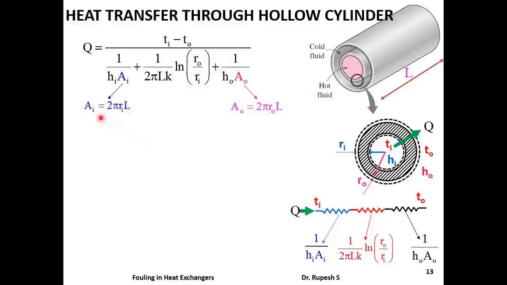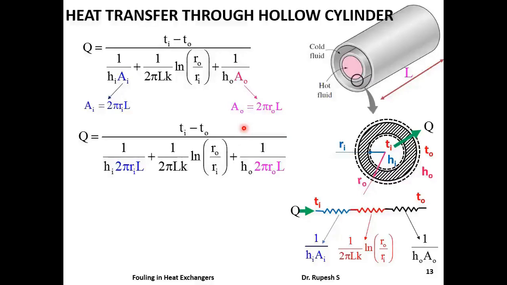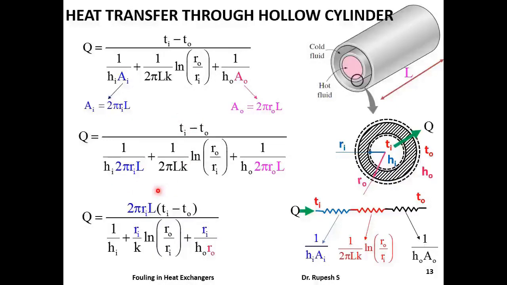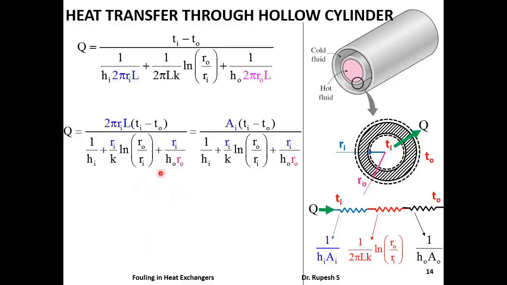Substituting the values of Ai and Ao in the equation, we will get this expression. Now, in this expression, if we take 2 pi Ri L to the numerator, we will get this Q given by this particular expression. Now we have this expression. If we replace 2 pi Ri L by Ai, we can express Q in terms of Ai by using this expression.